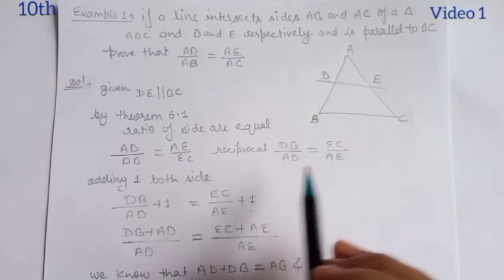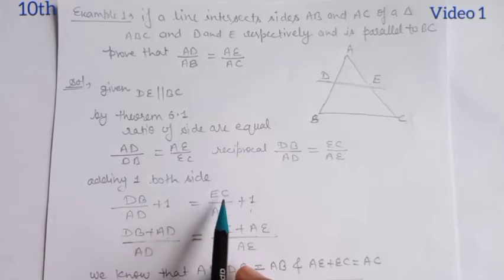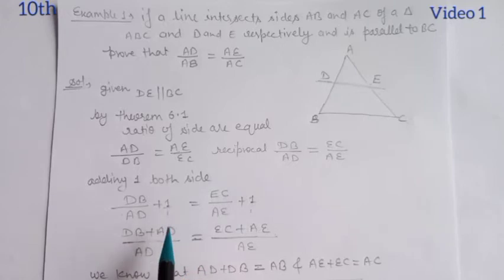Now add one on both sides. So DB upon AD plus 1 equals EC upon AE plus 1. Taking the LCM on the left side, AD and 1, the LCM is AD.